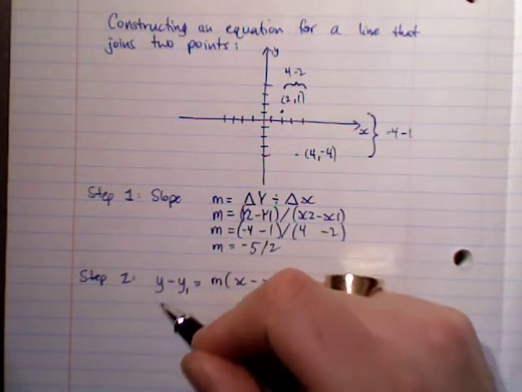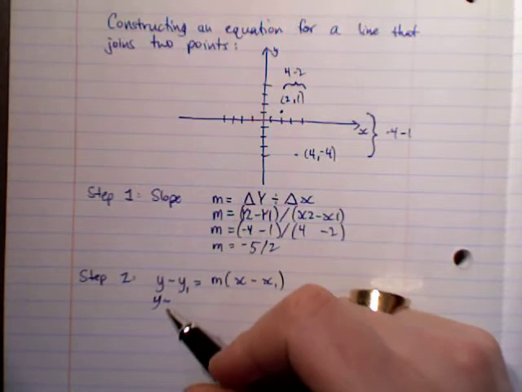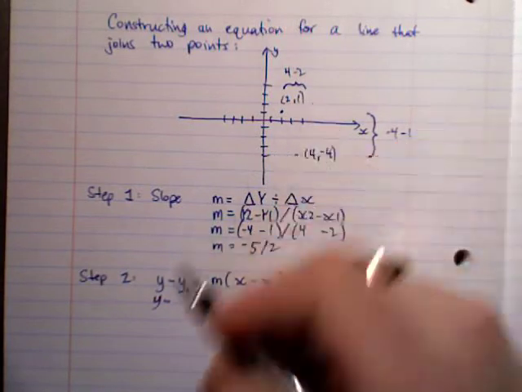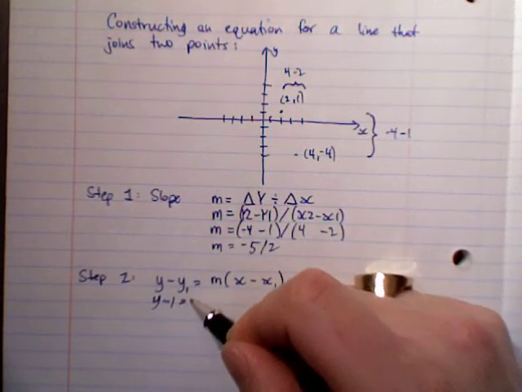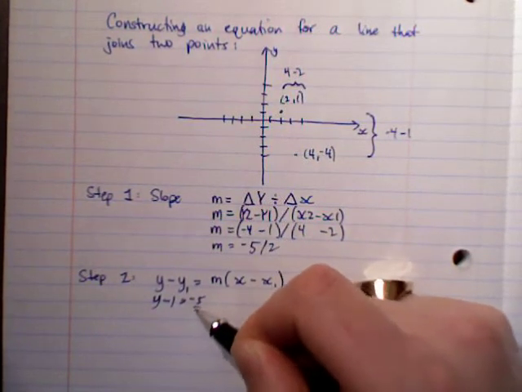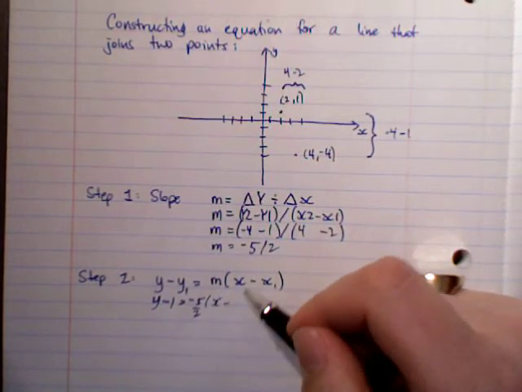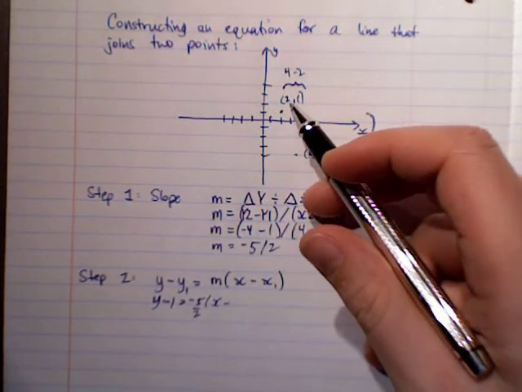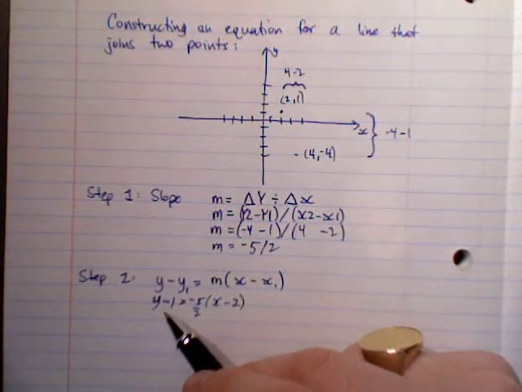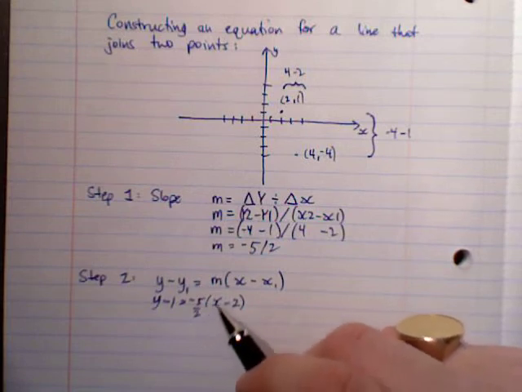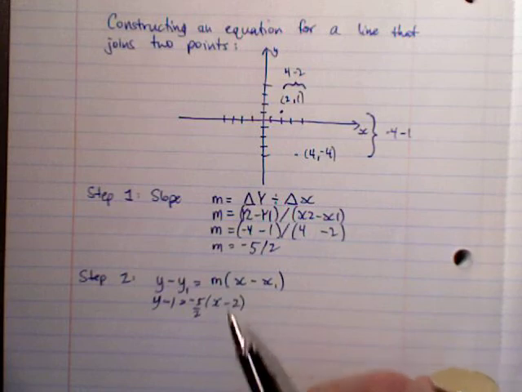So we're going to have y minus the y point, which in this case is 1, equals the slope, negative 5 over 2, times x minus the other point for x, which is 2, and this gives us the equation of our line. y minus 1 equals negative 5 halves times, in brackets, x minus 2.